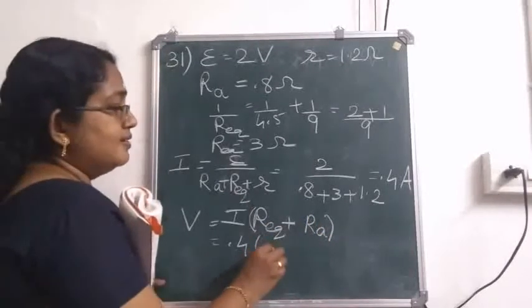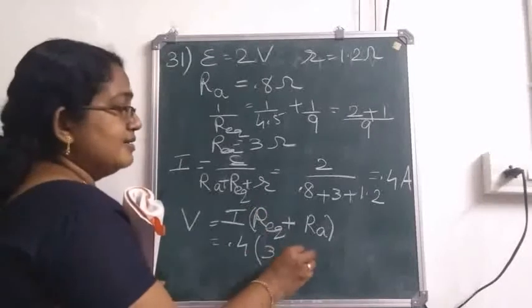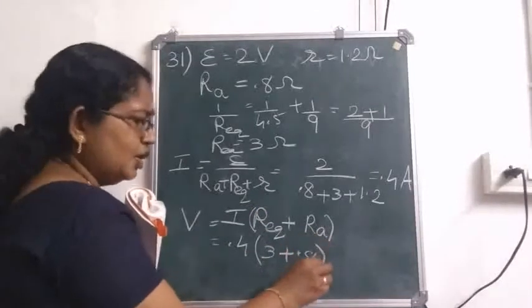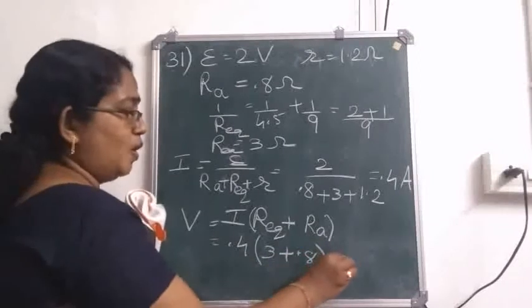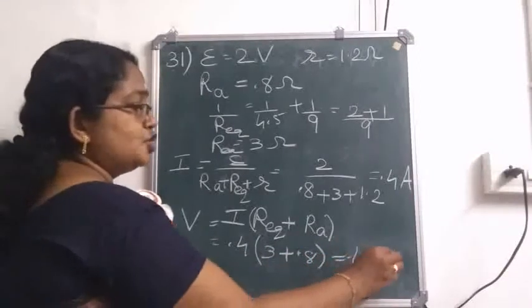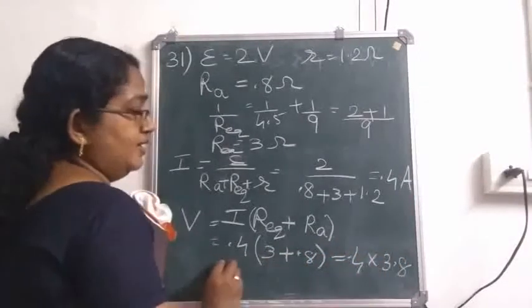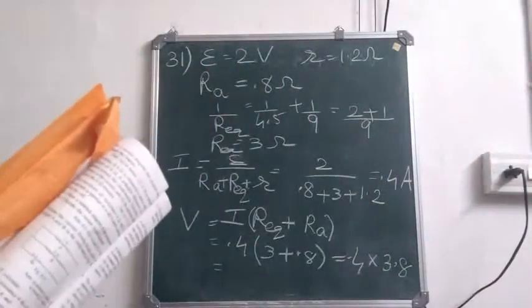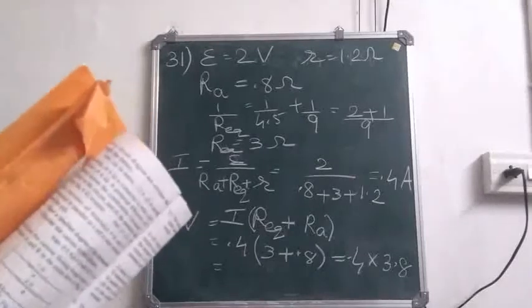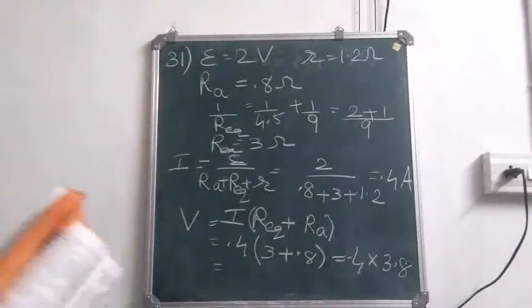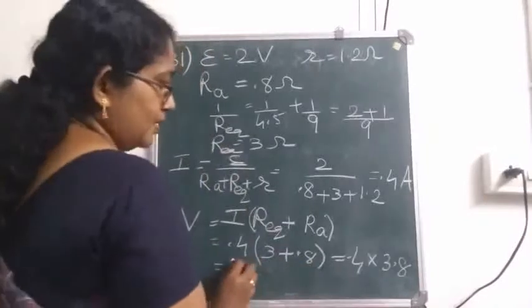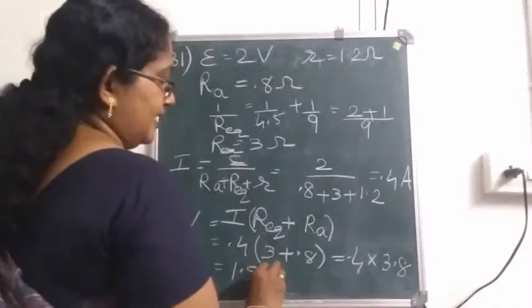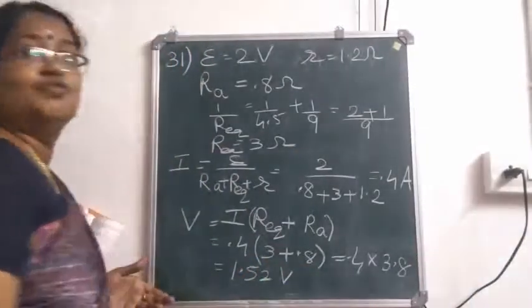R equivalent is 3, RA is 0.8. So 3.8 into 0.4. So what you will get here is 38 into 4, isn't it? So 38 into 4 is 152. Since 2 decimal places are there, 1.52 volt.